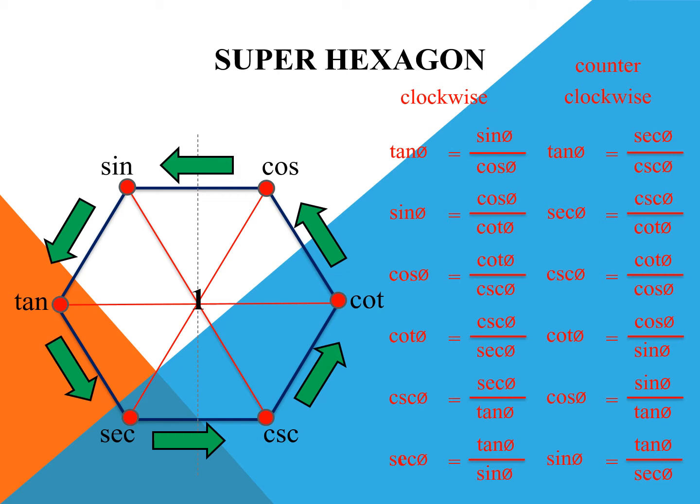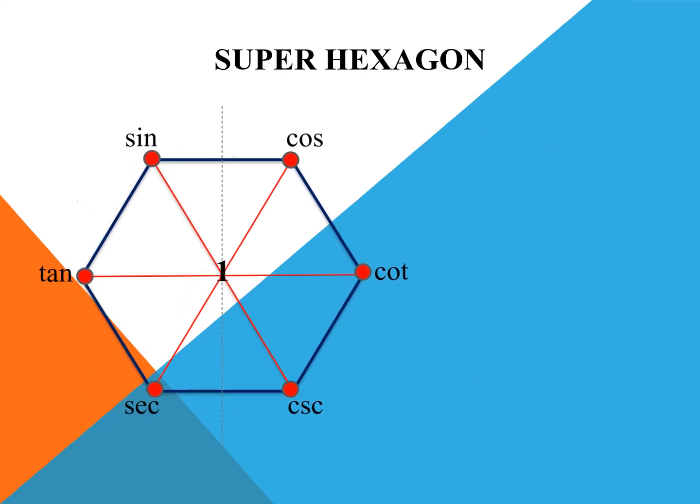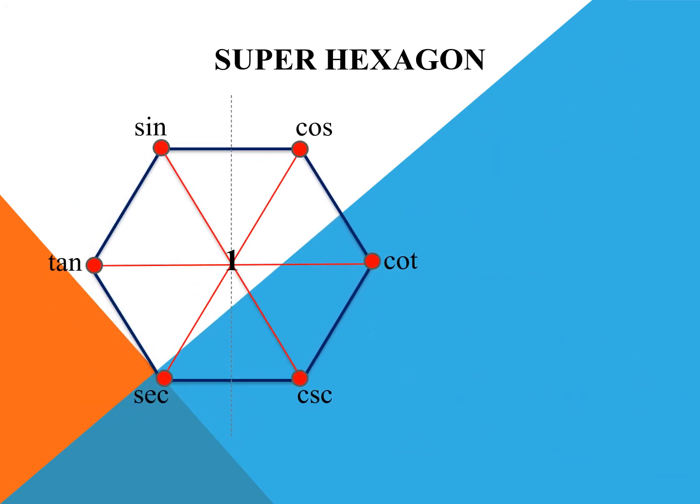But wait, there is more. If we have three trigonometric functions, and if we multiply both ends, the product is the middle function. Secant theta multiplied by sine theta is equal to tangent theta.